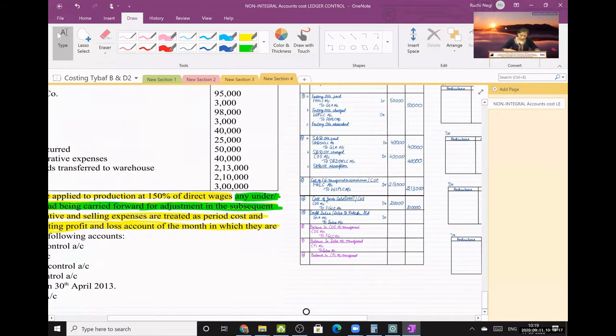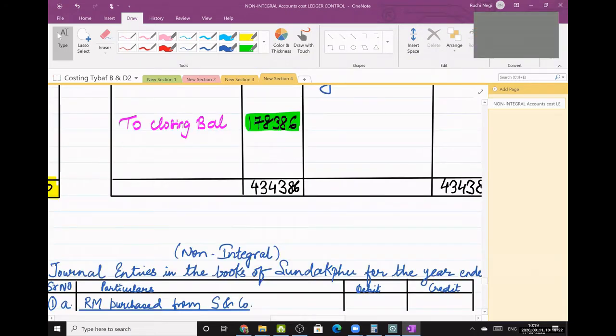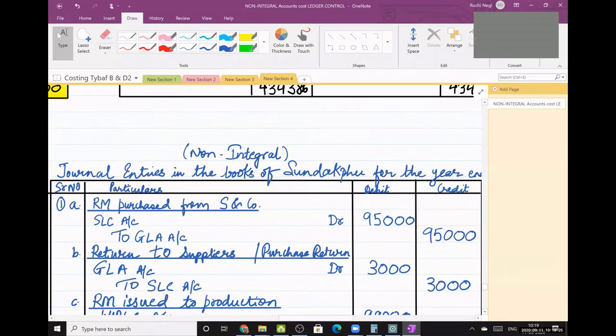Start. लिखो. Journal entries in the books of. Write the name of the manufacturer.